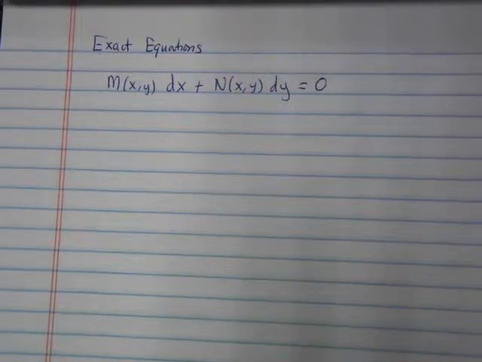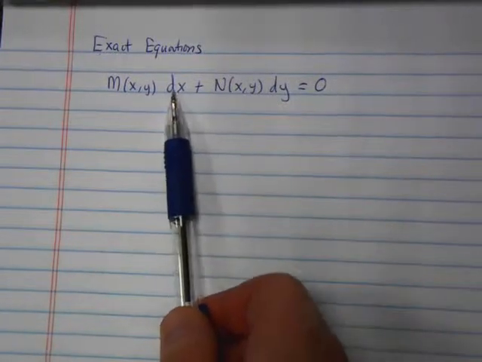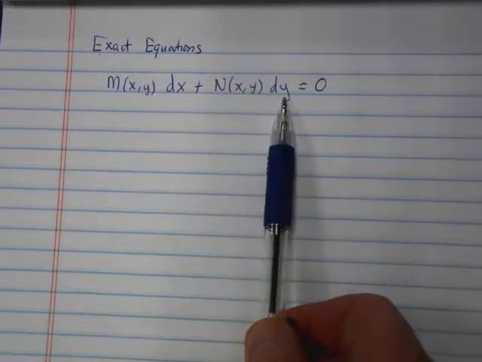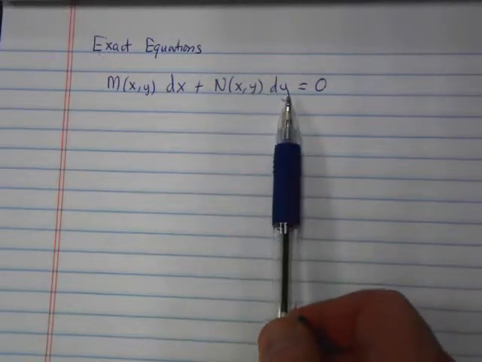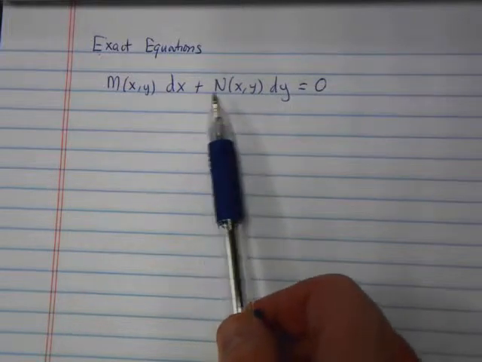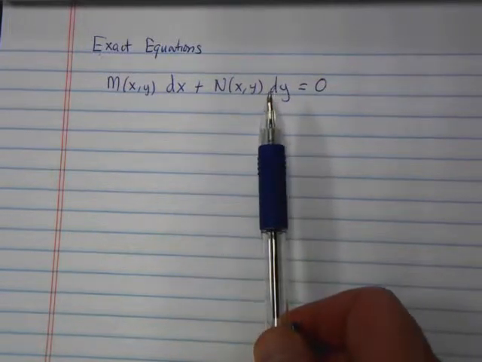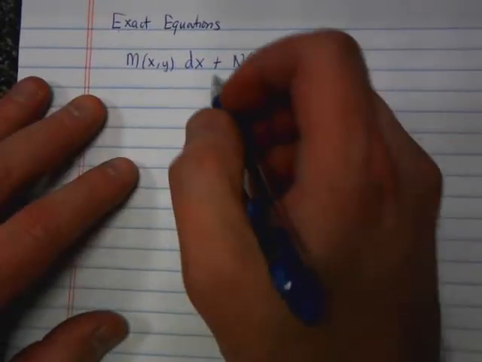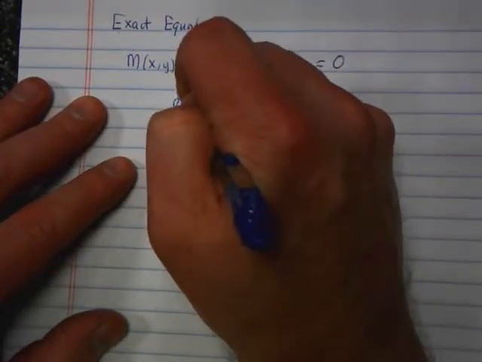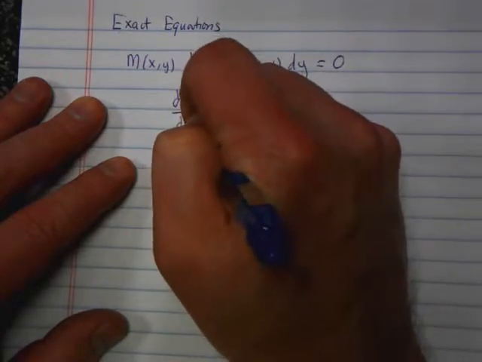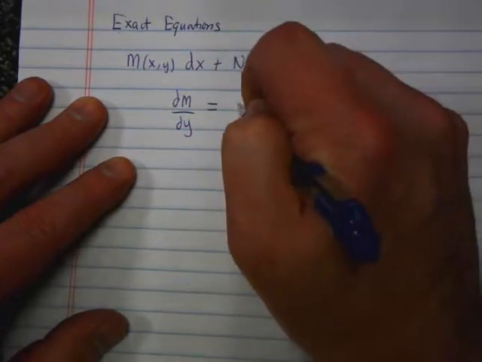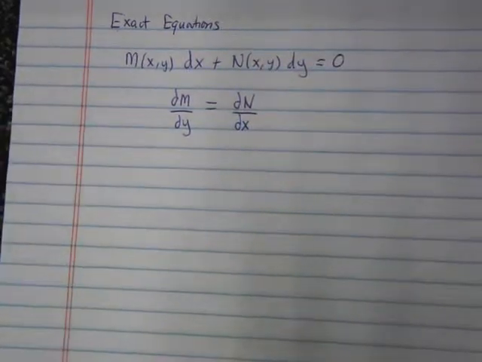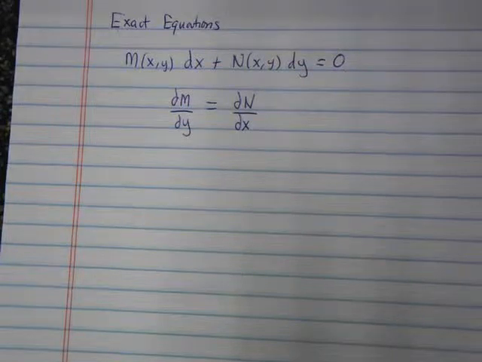Notice with the exact equations, they're quite often written with the dx and the dy split. However, just because an equation is written with the dx and the dy split does not guarantee that it is exact. To be exact, when you take the partial derivative of M with respect to y, you have to get the partial derivative of N with respect to x. And then you're guaranteed that it's exact.